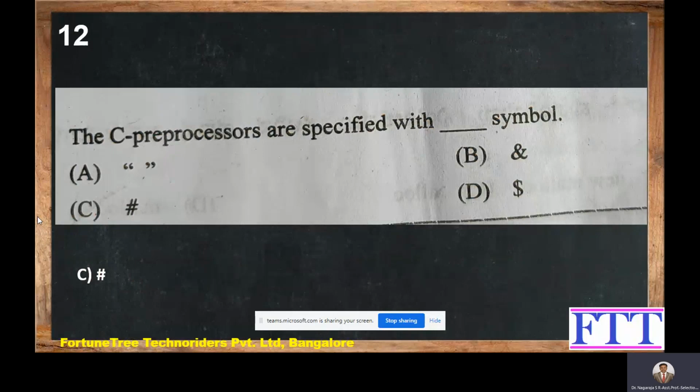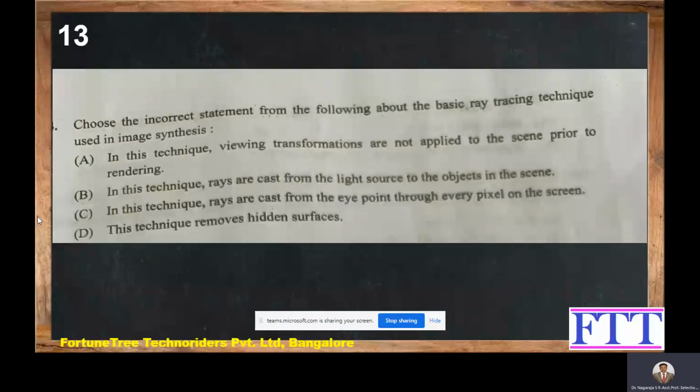Choose the incorrect statement from the following about the basic ray tracing techniques used in image synthesis. Option A, in this technique, viewing transformations are not applied to the scene prior to rendering. Option B, in this technique, rays are cast from the light source to the object in the scene.